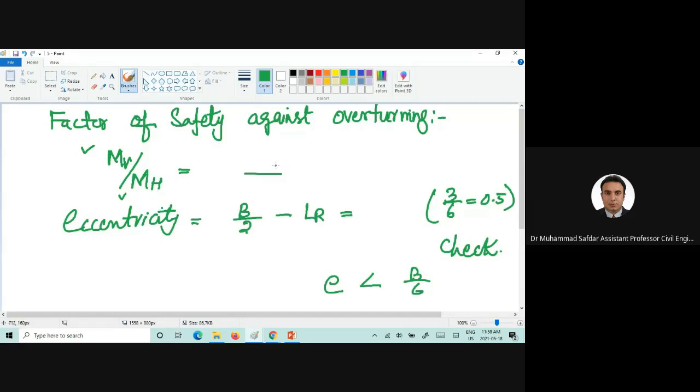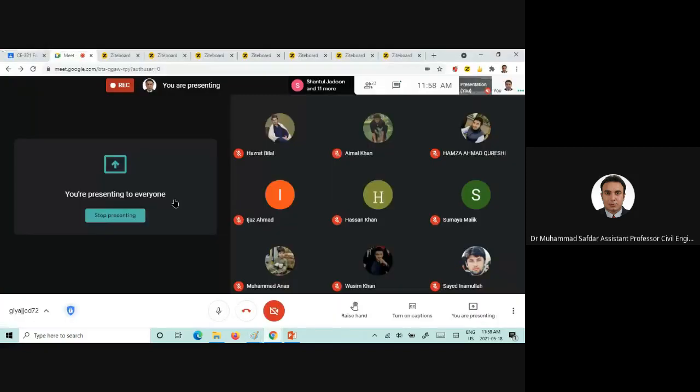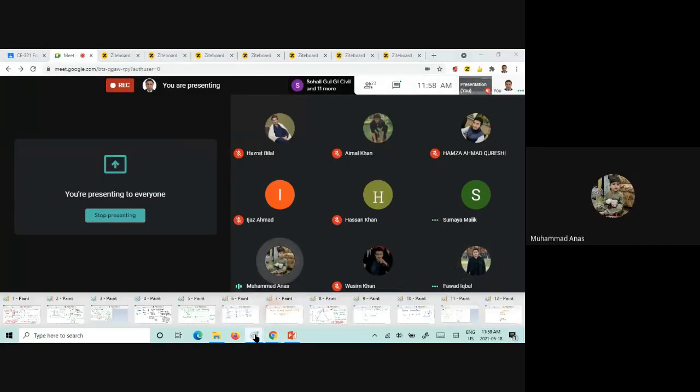So what's the factor of safety against the overturning? 2.58. 2.58.